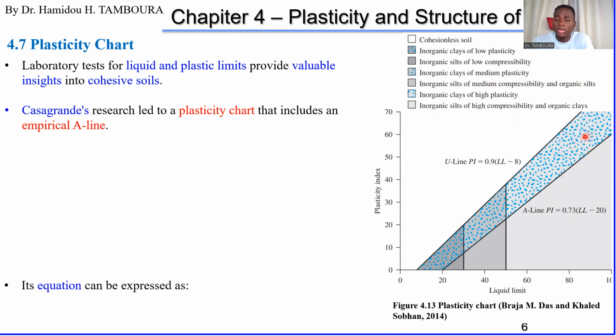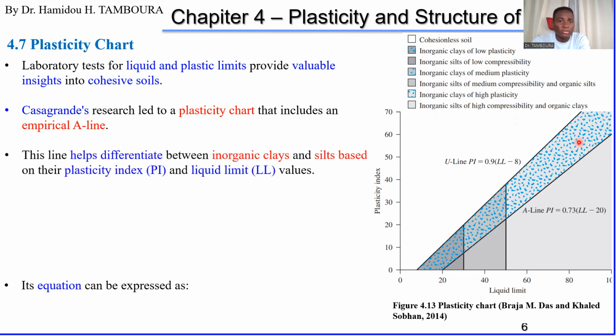Plasticity index is high. Okay, so this chart is used in the classification of fine-grained soil. The A line helps to differentiate organic clay and silt based on the plasticity index and liquid limit, as I explained.